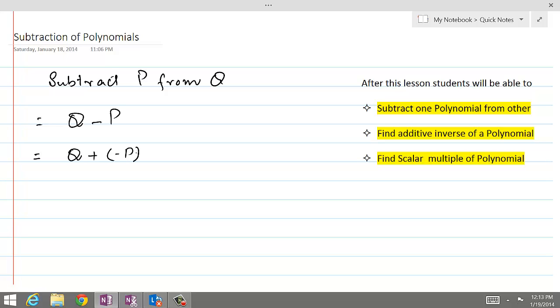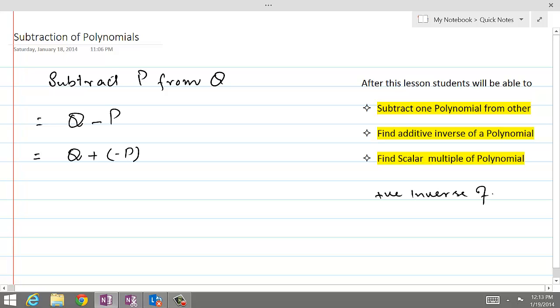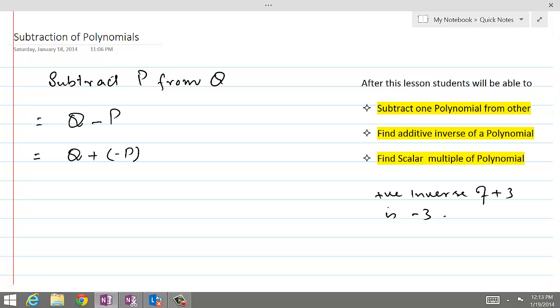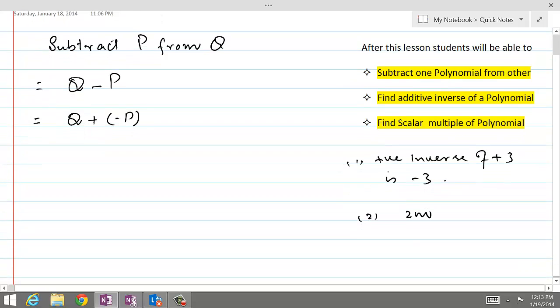Now what is additive inverse? Like we already know, what is the additive inverse of plus 3? The additive inverse of plus 3 is minus 3. So we simply change the sign. While plus 3 is a constant polynomial and its additive inverse is minus 3. And if we take the polynomial, let's say 2m, that's a polynomial of degree 1.